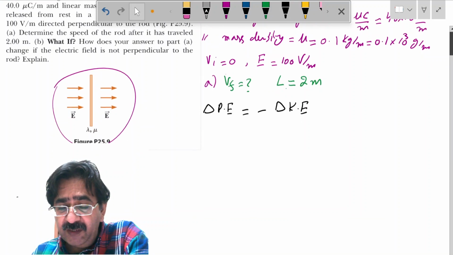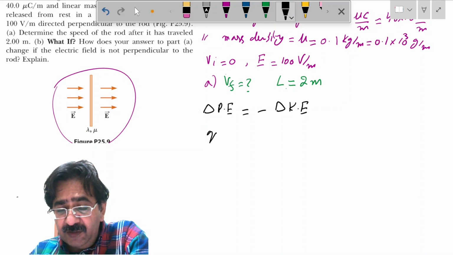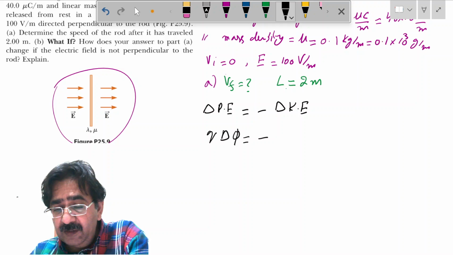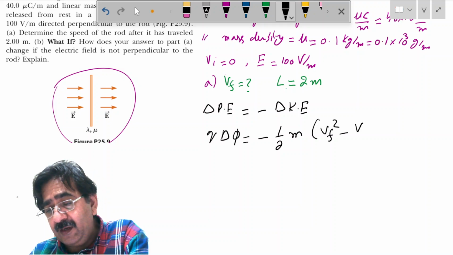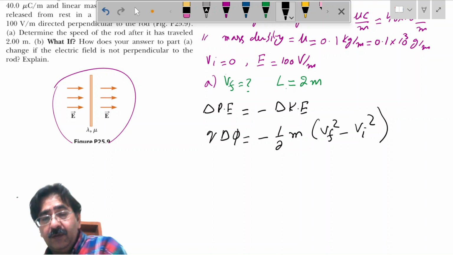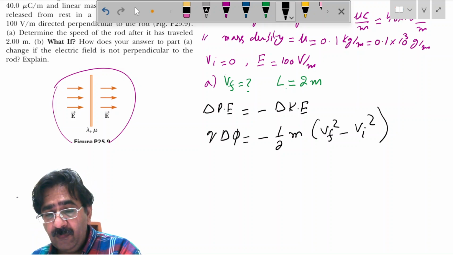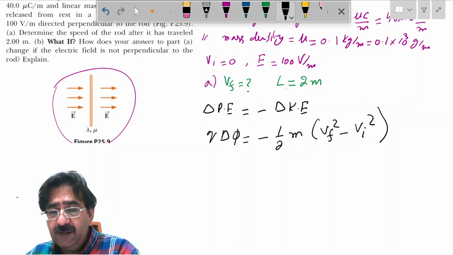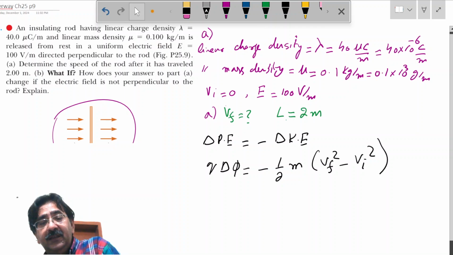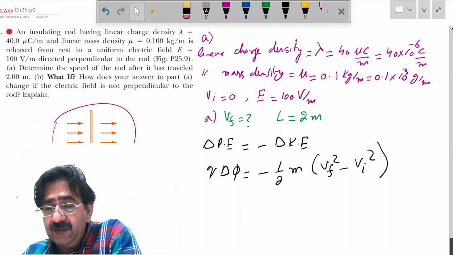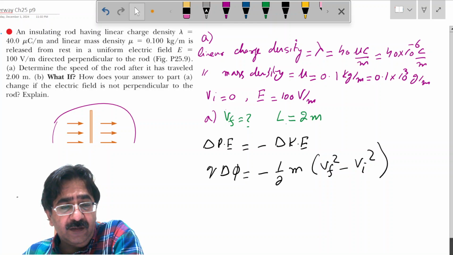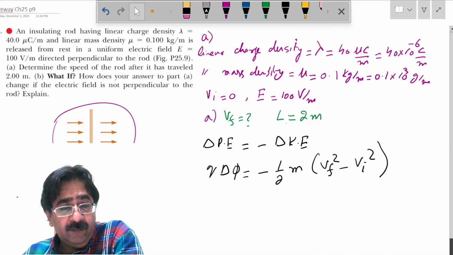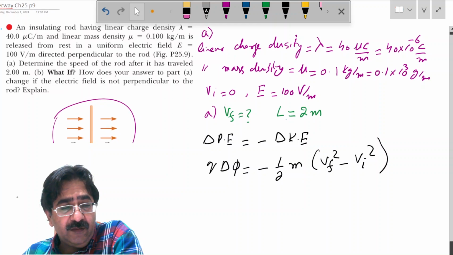I have already explained this many times, and this is equal to minus one half m times Vf square minus Vi square. Okay, so mass is not given, actually charge density is given: the insulating rod having charge density and linear mass density is released from rest. Okay, the speed of the rod after it travels 2 meter.